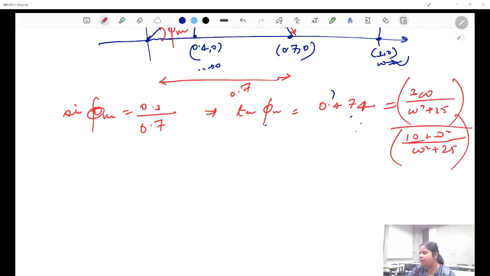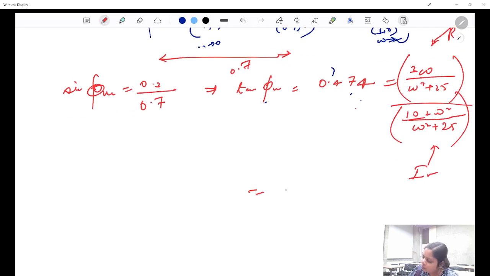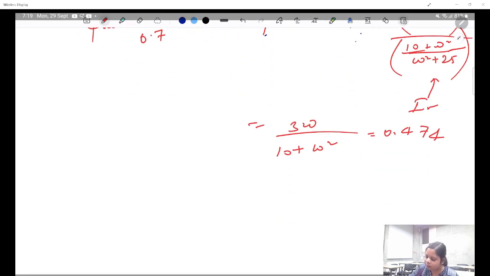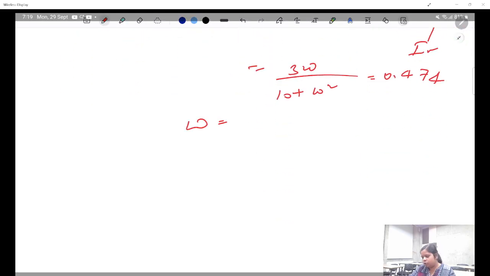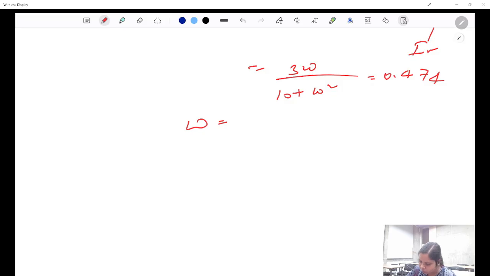This is the phase, this is the real part, and this is the imaginary part. So from here it comes out to be 3 omega upon 10 plus omega square. So if you equate it to 0.474, from here you will get omega approximately equal to 9.16 radian per second.